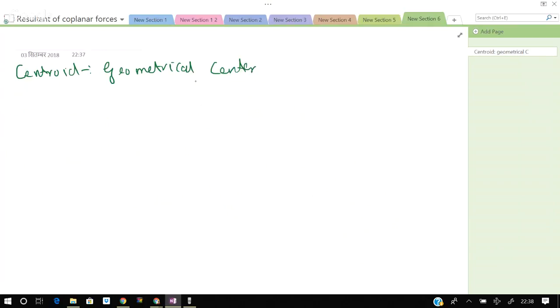Now, what do we mean by a center? If we consider a rectangle, at the intersection of the two diagonals there will be a point. That point will be called the centroid. So specifically, the midpoint of any shape is called the centroid.